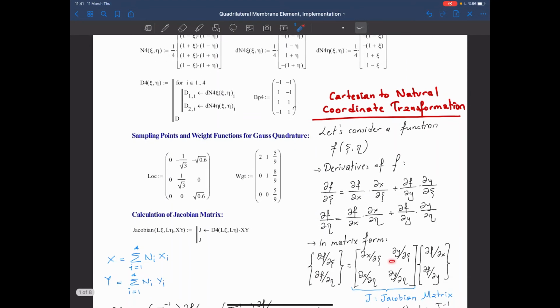And the same thing, if I want to take the derivative of y with respect to psi, I have to take the derivative of this N with respect to psi, it's right here, and then multiply it with the y. So you will see that my xy matrix has the xy coordinates of each node. So I'm just multiplying it with the derivative function, and I get my Jacobian matrix.